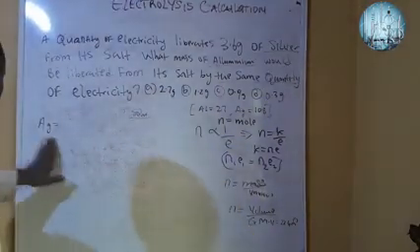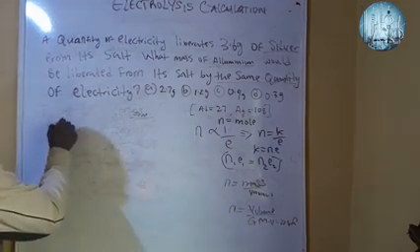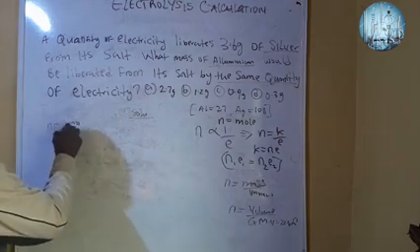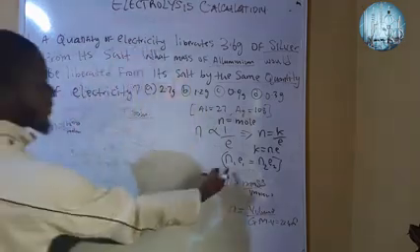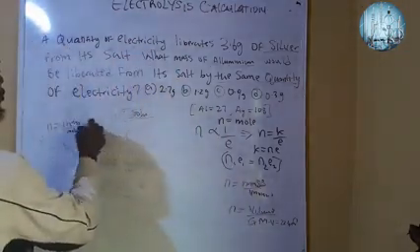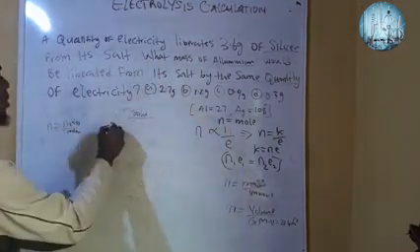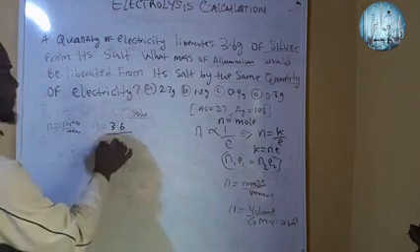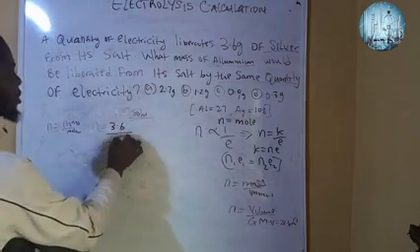Let's calculate the number of moles. So the number of moles is equal to mass over molar mass, right? Let's calculate the number of moles for silver. Let's call silver number 1. So N will be equal to our mass, which in this case is 3.6, divided by 108.